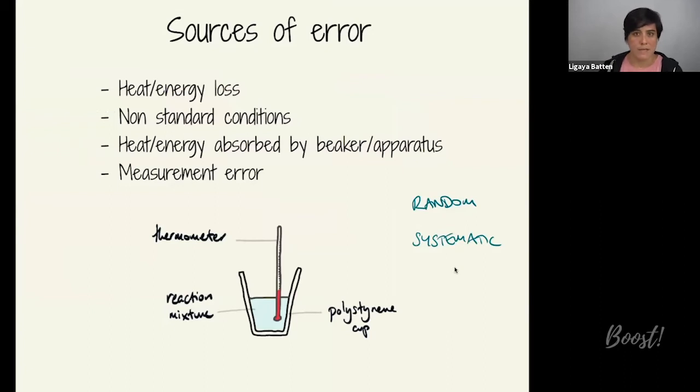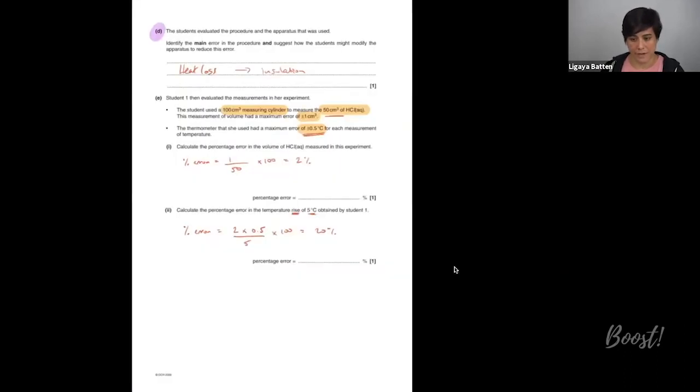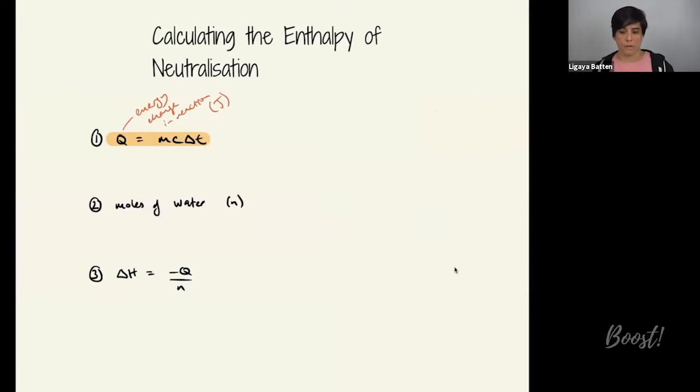You need to be given the specific heat capacity, but normally you're assuming that your solution is going to have the same specific heat capacity as water. So this C is specific heat capacity, usually of water.